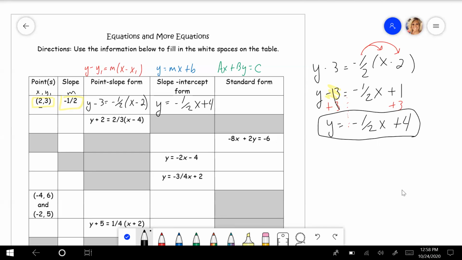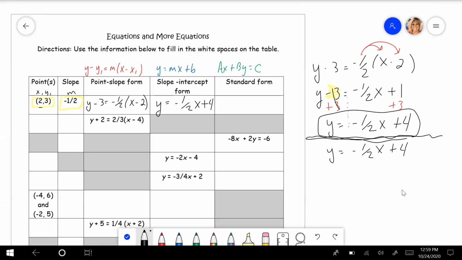Standard form. Now, how are we going to get all this into standard form? The main thing is that x and y are on the same side. So I'm going to take the slope intercept form, y equals negative 1/2 x plus 4.